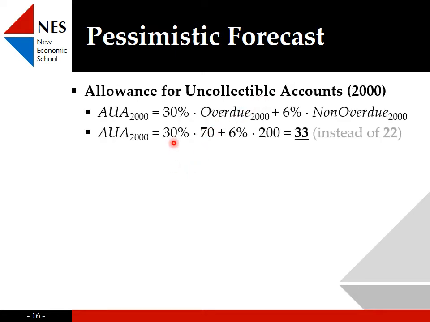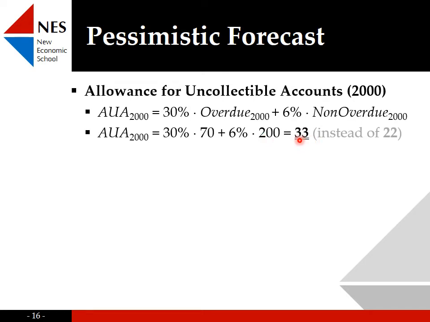So we apply the new percentages, the 30% for the overdue accounts and the 6% for the non-overdue accounts, to the initial levels of 200 for the non-overdue and 70 for the overdue, and we get 21 plus 12, which totals 33, right?